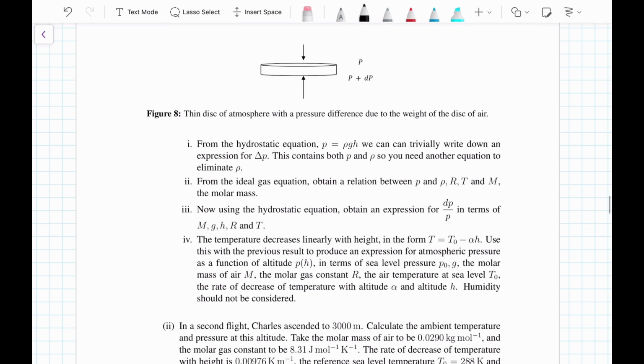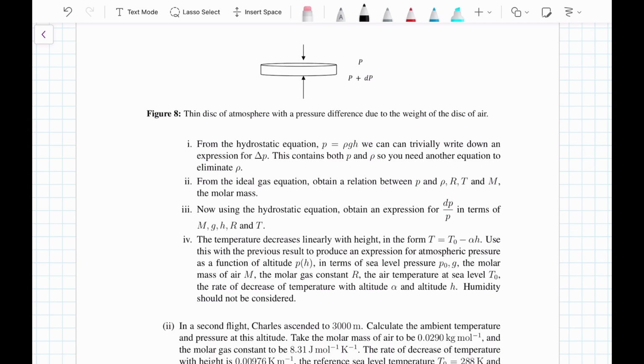So first it says from the hydrostatic equation, pressure is equal to rho gh, we can trivially write down an expression for delta P. This contains both P and rho, so you need another equation to eliminate rho.